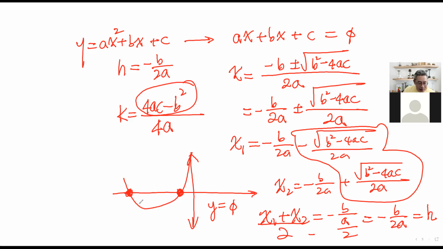So basically this says that these are actually called x-intercepts. You've got the x-intercepts of this function on the x-axis. The average between these 2 points is right in the middle, and that is your vertex point.